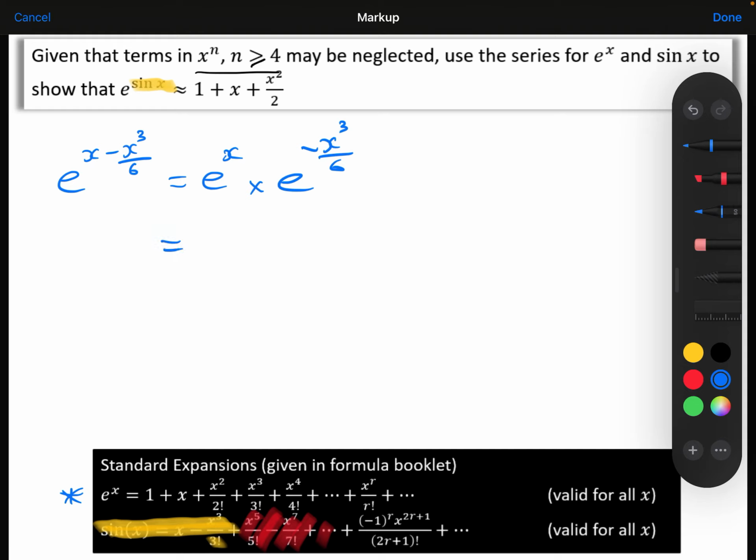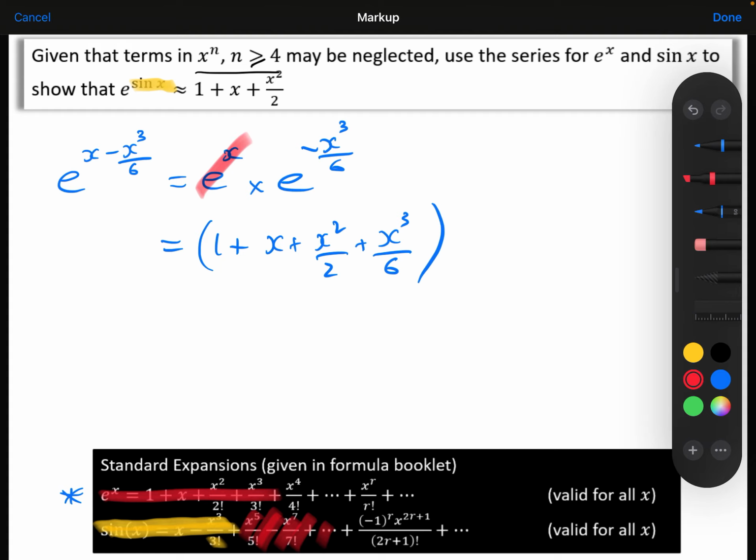If I expand e to the x, I'll get 1 plus x plus x squared over 2 factorial plus x cubed over 3 factorial. And again, I can ignore the power 4, power 5, and so on. So I have just written this out with the expansion from down here.